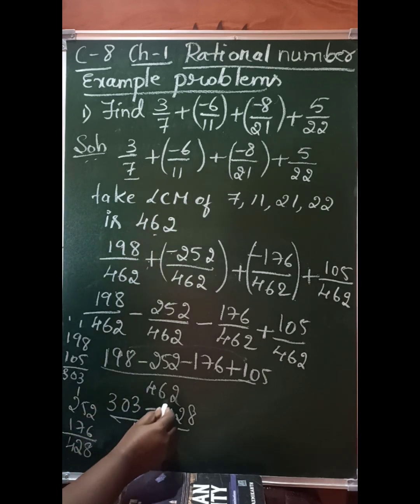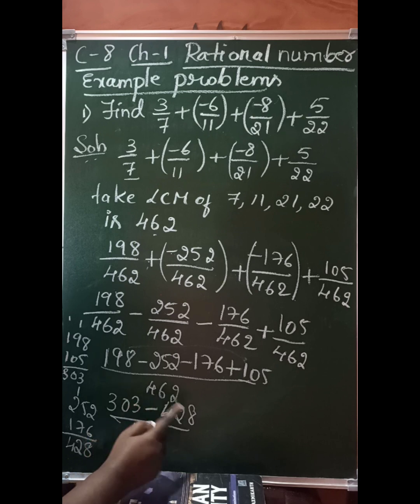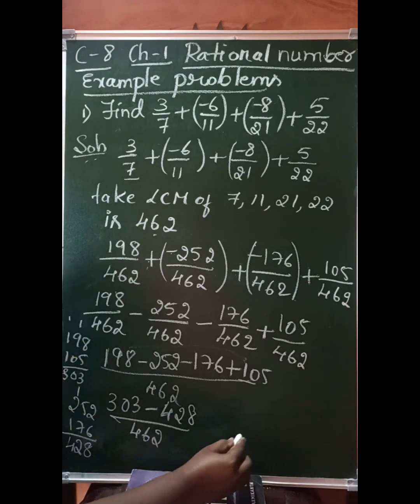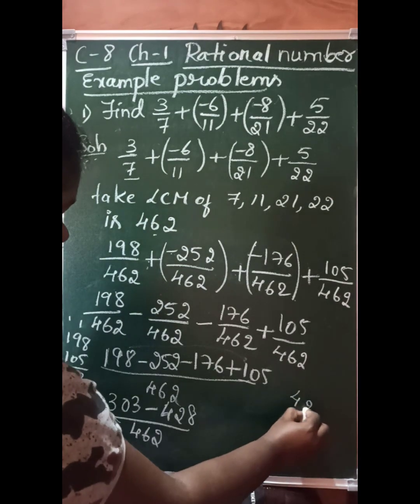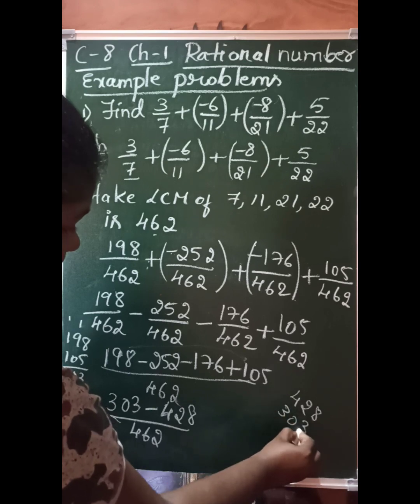Again subtract, as we know that 428 is larger than 303. So find the difference and consider the sign of the biggest number. So 428 minus 303.